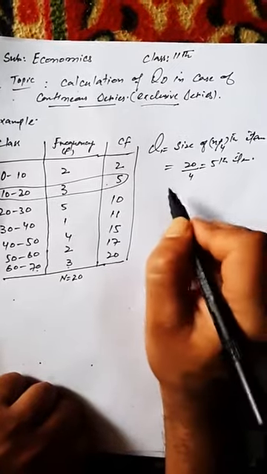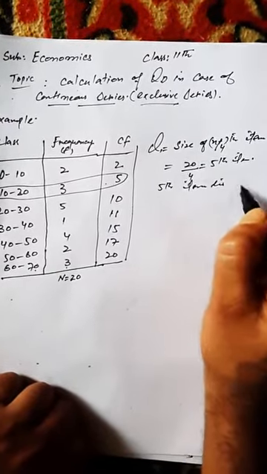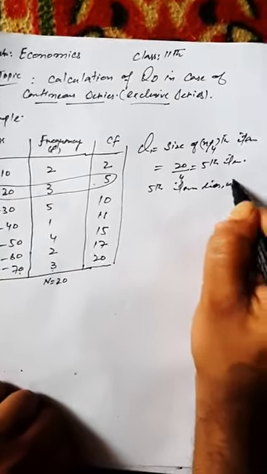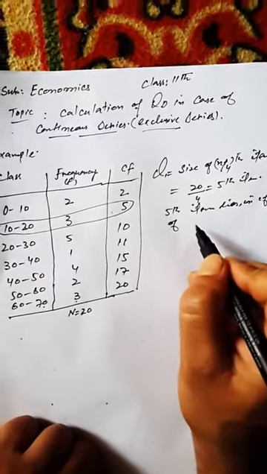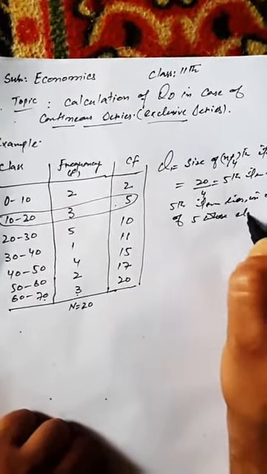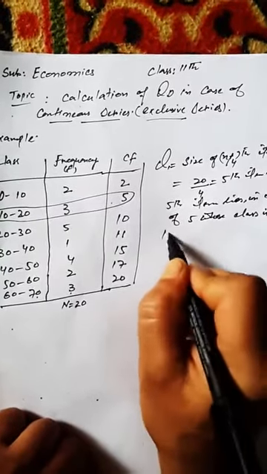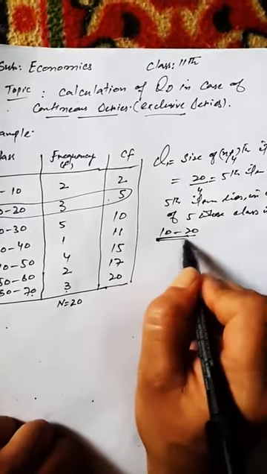So we can say the 5th item lies in cumulative frequency of 5, whose class is 10 to 20. So 10 to 20 is our first quartile Q1 class.